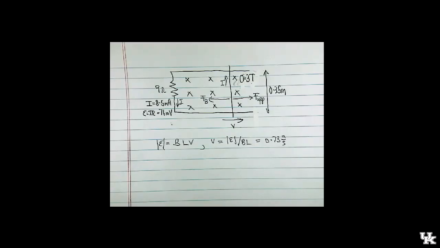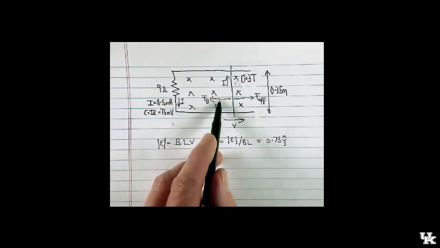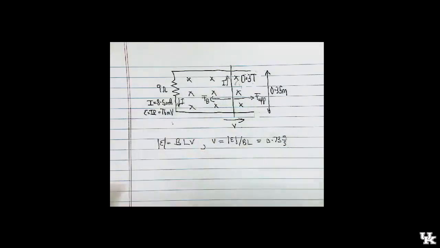And then your thumb points in the direction of the magnetic force. And so you see the magnetic force is towards the right. Towards the left, sorry. And so this particular current that I sketched that goes counterclockwise creates this force towards the left in this magnetic field that's in towards the screen.